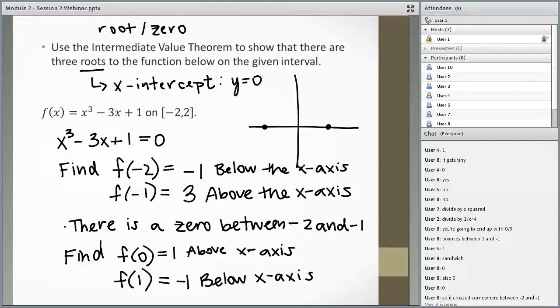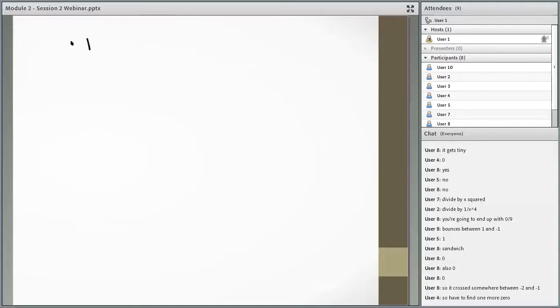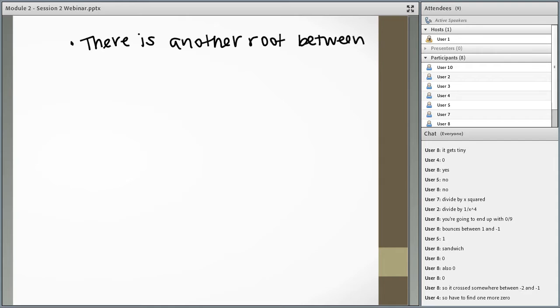So that means there's another root or another 0. Good, so we have to find one more. So let me just write, there is another root, I'll call it root because the question called it a root. They're the same thing. Between x equals 0 and x equals 1.